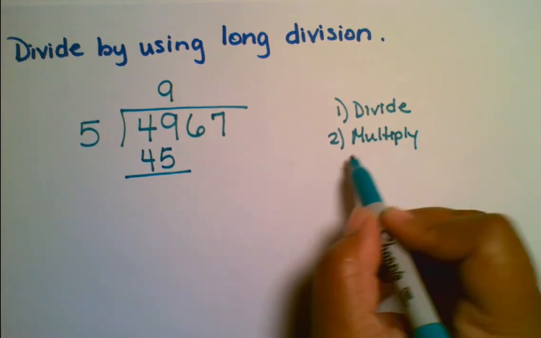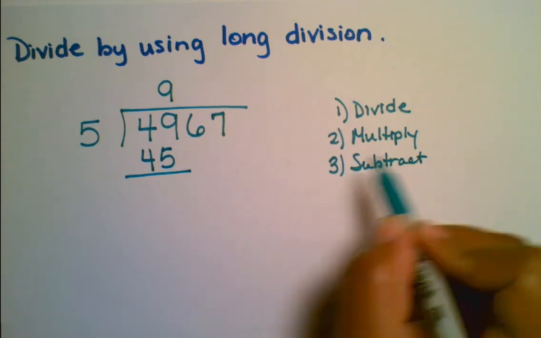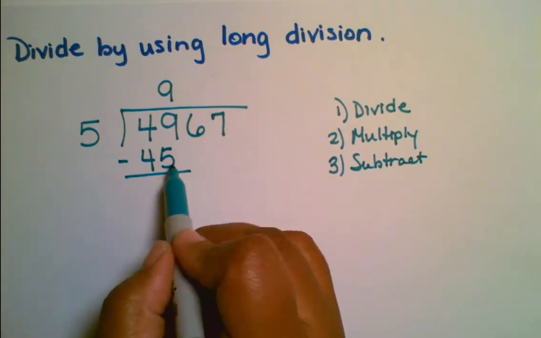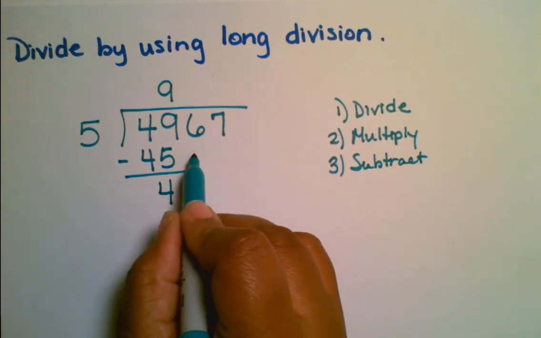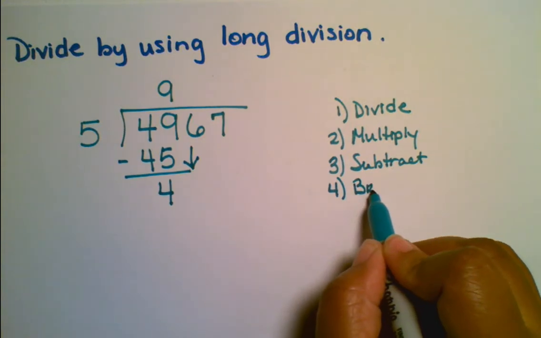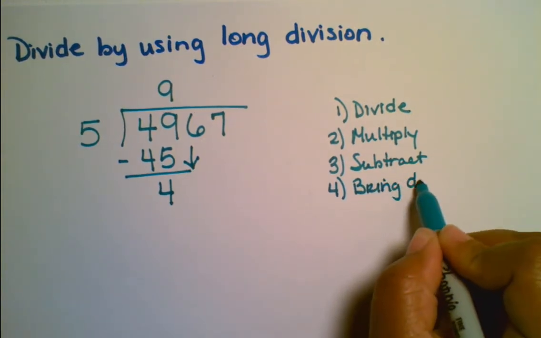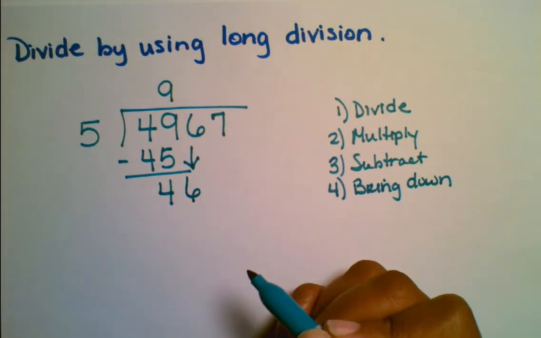From there, we're going to subtract. 45 from 49, we have 4. Then the next step would be to bring down. So we're going to bring down the 6.